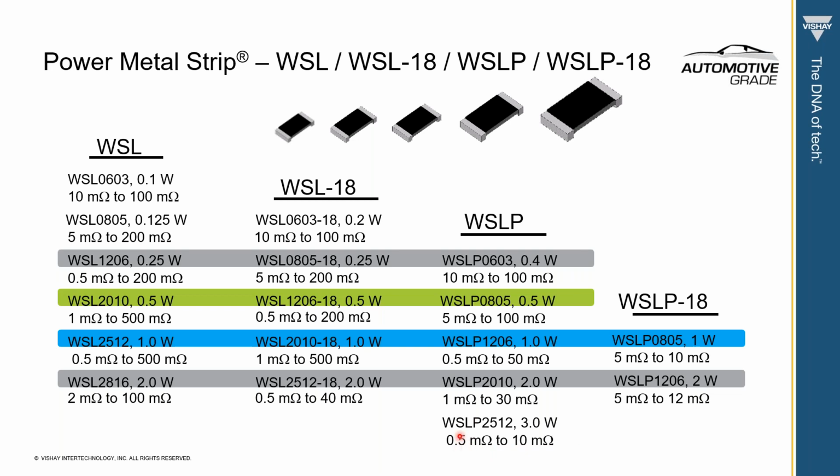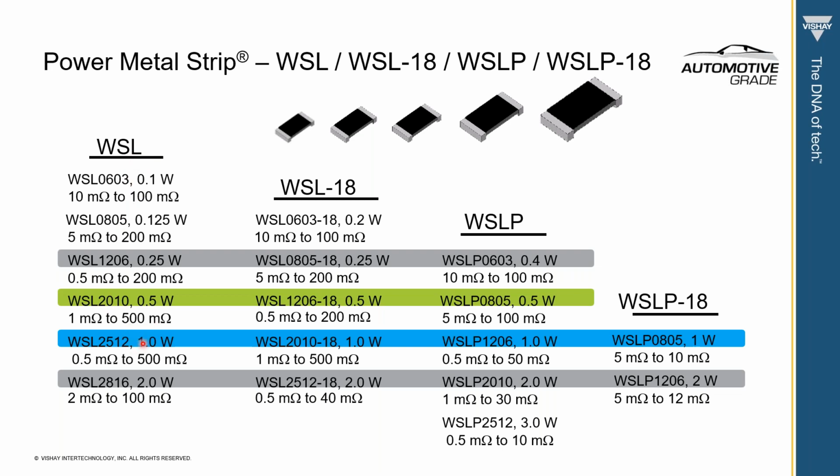Why we are offering 4 different series is because it depends on different customer requirements for power and also for their footprint. For example, if the customer's requirement is 1 watt, we offer the WSL2512 for 1 watt.